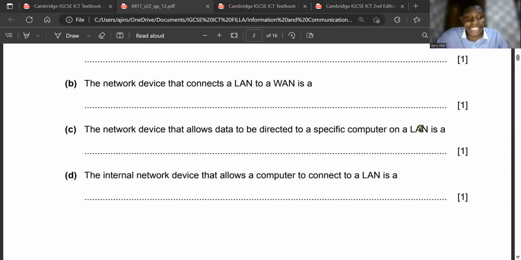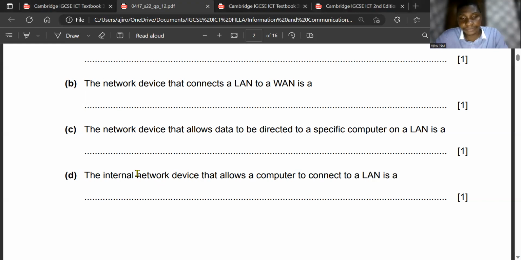Unlike a hub. Once the data packet is sent to that port, a hub is going to broadcast it to all other computers. But a switch is going to do it to just a specific one. Okay. The D part.